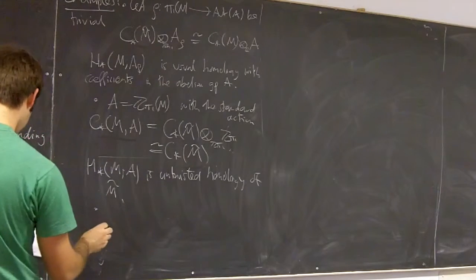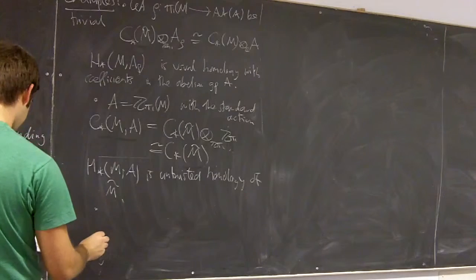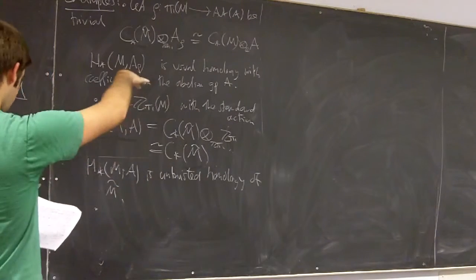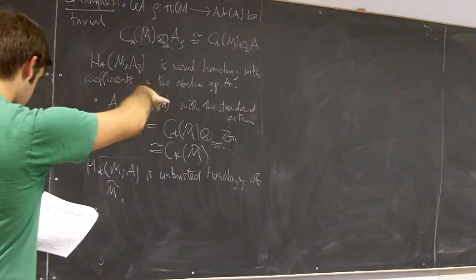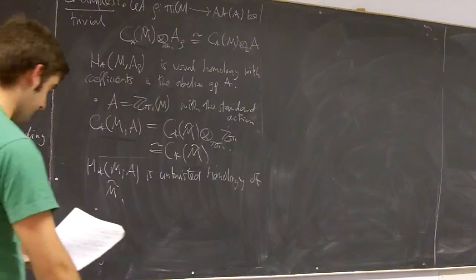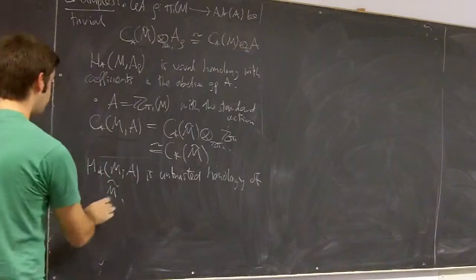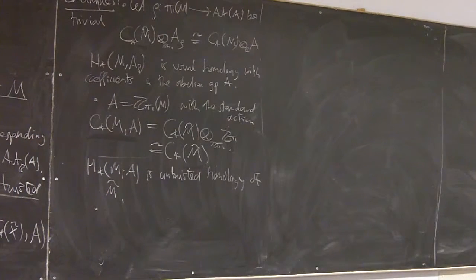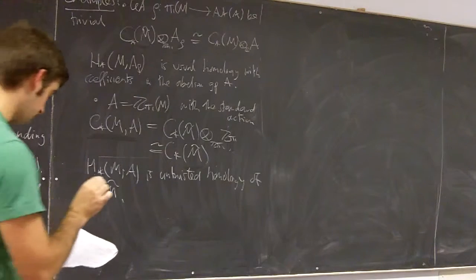And then also you can see that it's possible to show that for any other cover of M, the homology of that can be obtained as homology with local coefficients for an appropriately chosen module.